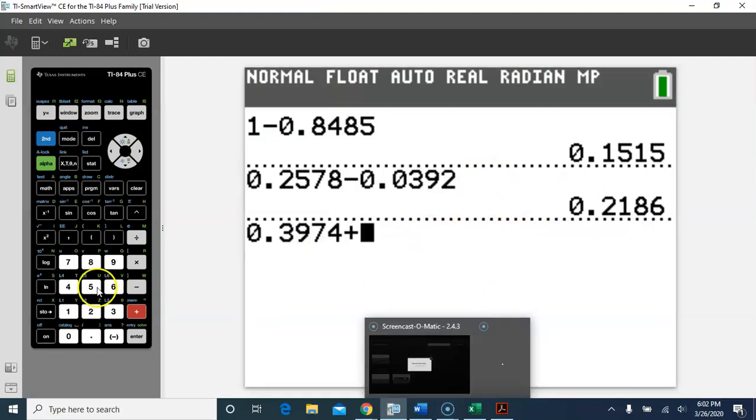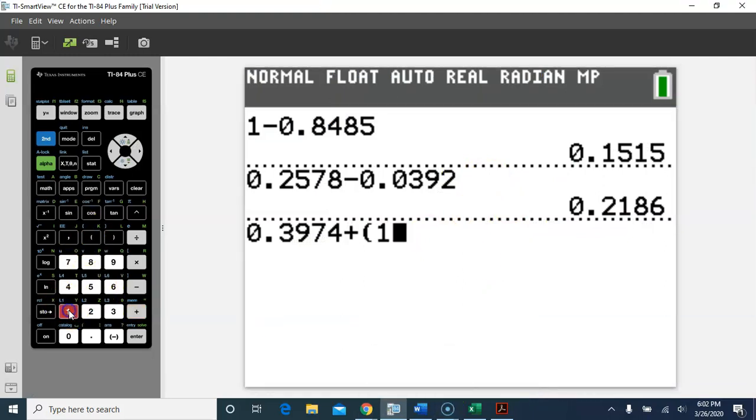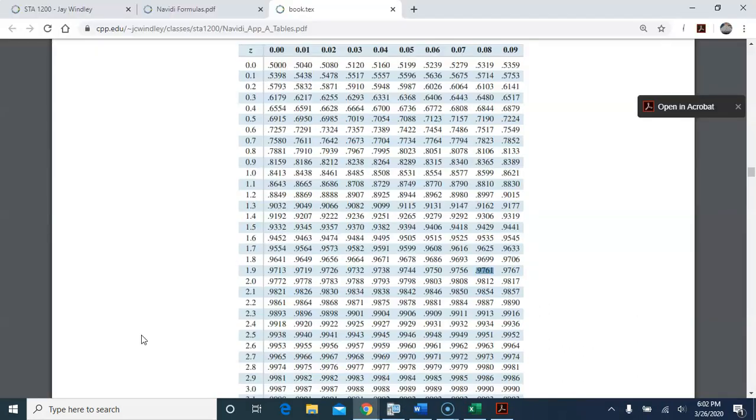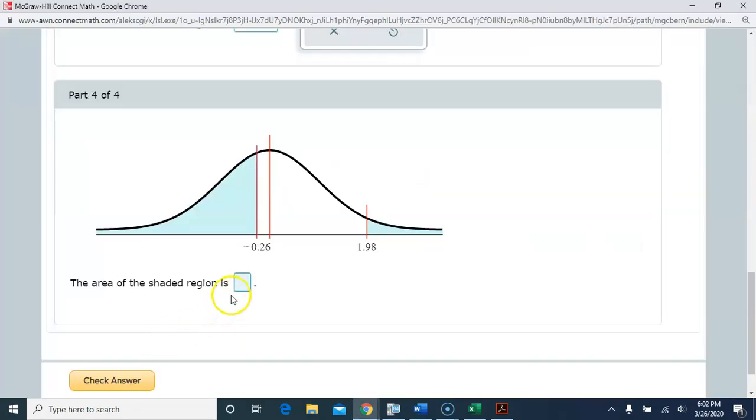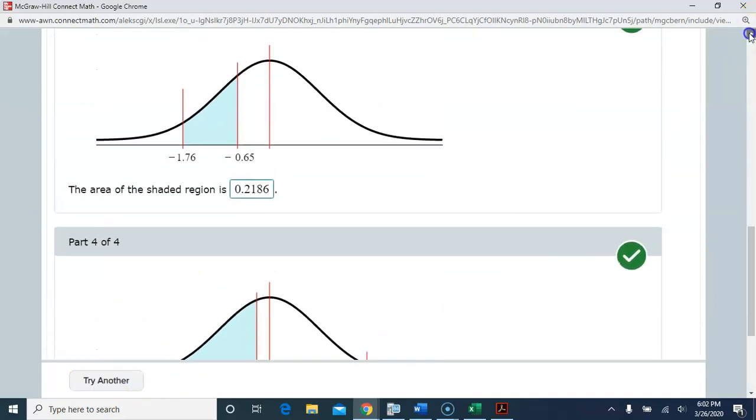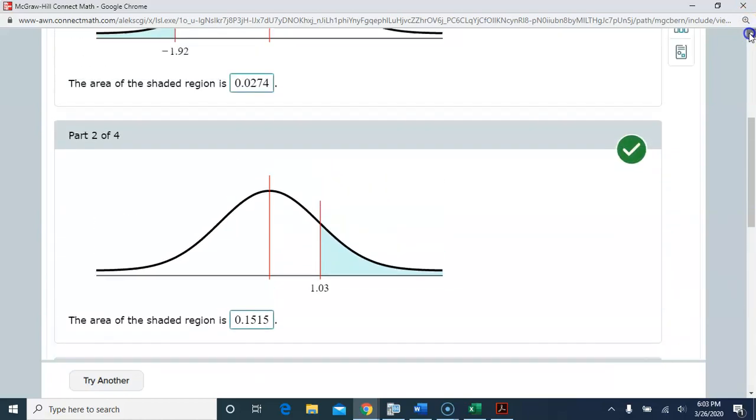So I'm going to do parentheses and then 1 minus 0.9761. So that answer should be 0.4213. Let's try that and see if we got any of these right. Okay. So these all look all right.